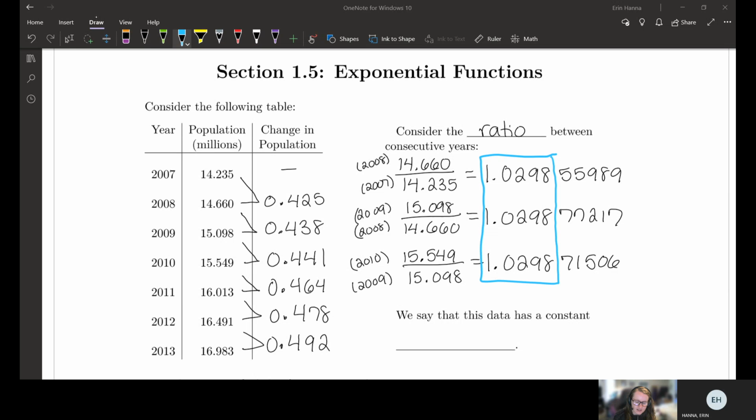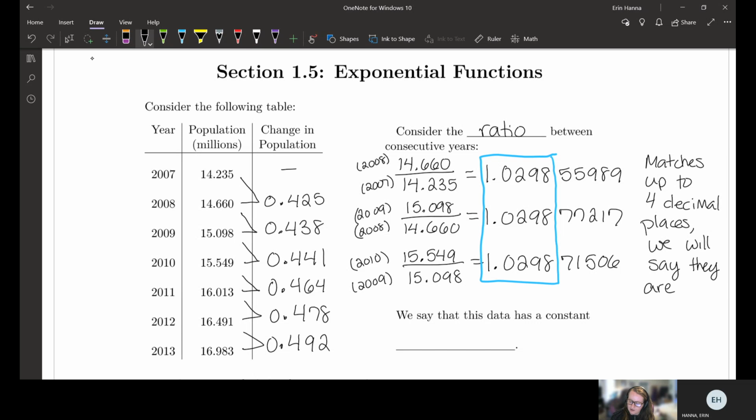Since they agree to such a decent amount of decimal places, since this matches up to 4 decimal places, we will say they are quote unquote similar enough.